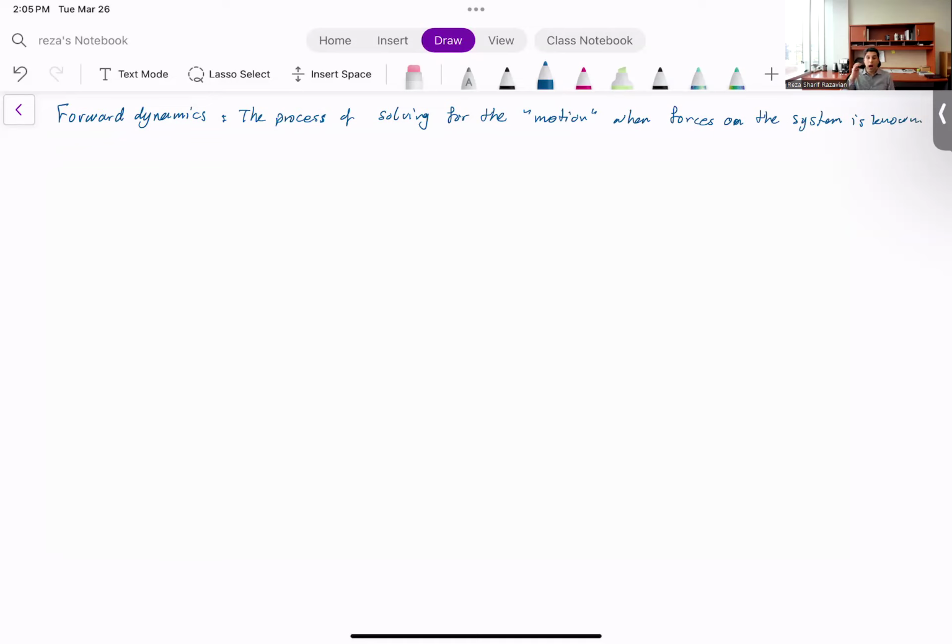So if I know how the forces are acting on the system, and if I know the dynamics of my system, forward dynamics is solving for the motion that comes out of that system.